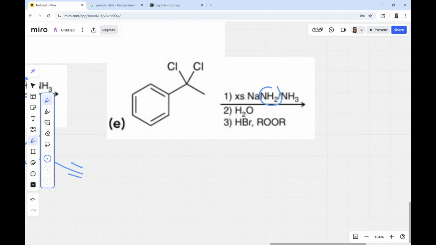This part of it will act as a base, like we usually do, and we know here there's a hydrogen, and we know here there's a hydrogen. We know there's probably one more hydrogen connected here, and we know this is in excess, and so it will take this hydrogen, it will take that hydrogen, and it'll take that hydrogen. Then we have a leaving group here, and we have a leaving group here.